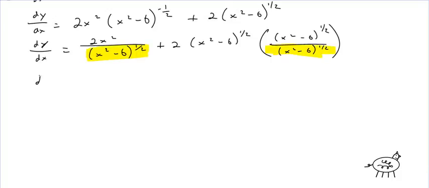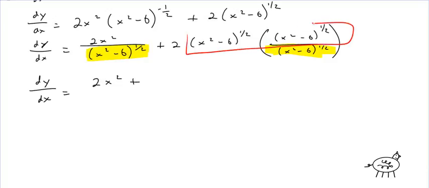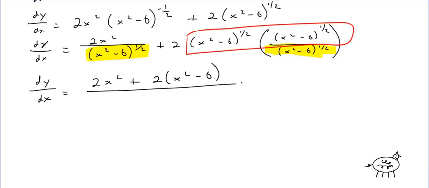So dy/dx is equal to 2x squared plus, now this is the deal, when you multiply these together, the square root of x squared minus 6 times the square root of x squared minus 6 just gives you x squared minus 6. So I really have plus 2 times (x squared minus 6) to the 1 power, all over (x squared minus 6) to the 1/2 power.